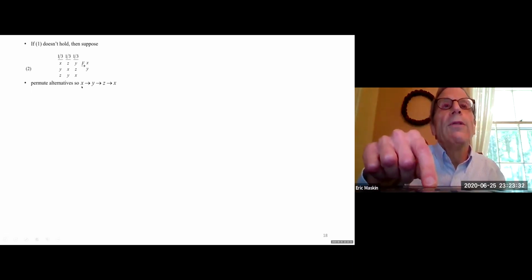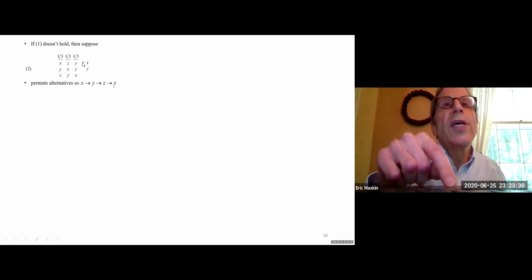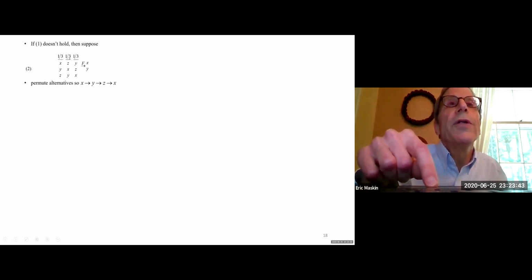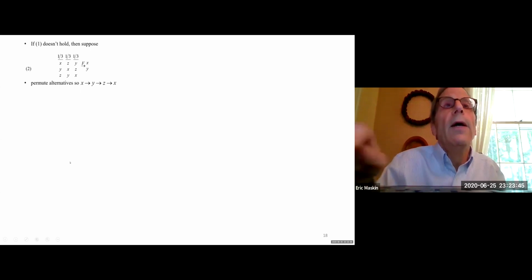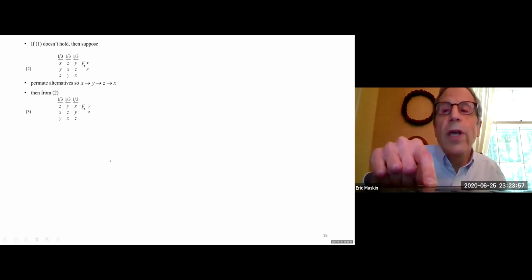So let's look at the permutation where X is transformed to Y and Y is transformed to Z and Z is transformed to X. If we apply that permutation to this profile here, we get this profile. This is the transformed profile. And now we have Y is ranked above Z. We can infer that from X is ranked above Y over here.